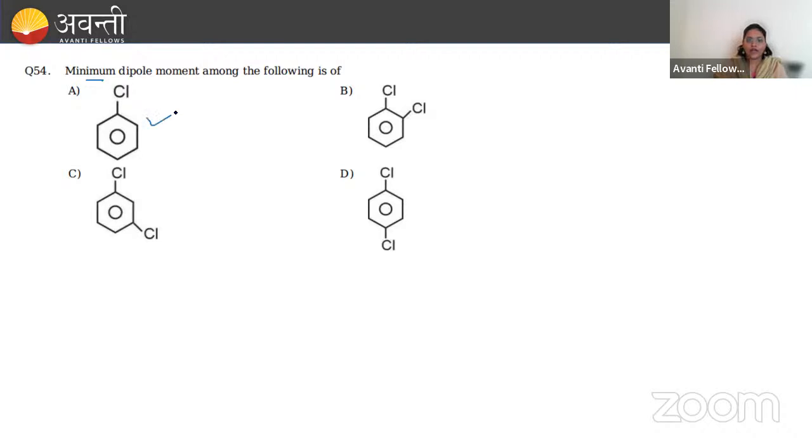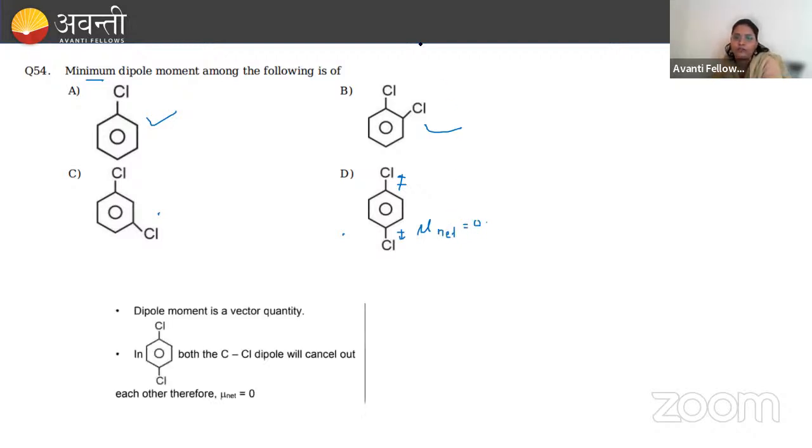This will have a certain dipole moment, this will also have a certain dipole moment, and this will also have a certain dipole moment. But this one, what is happening here? Both the dipoles are going to cancel out each other. Right? And that's why the net dipole moment here will be 0. Okay?